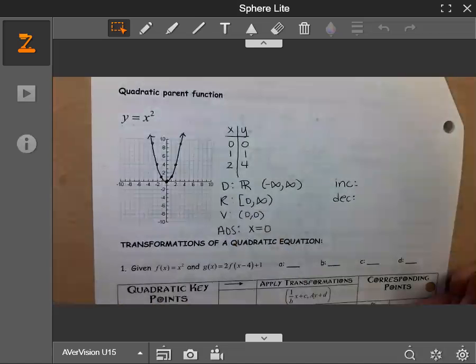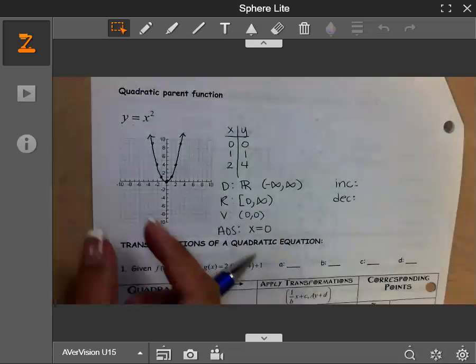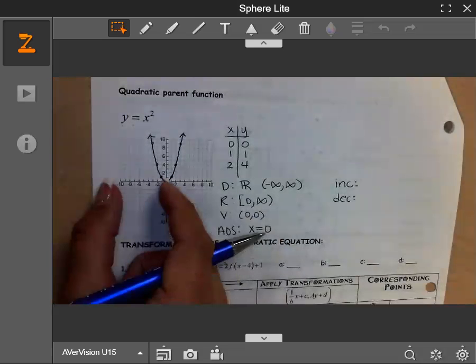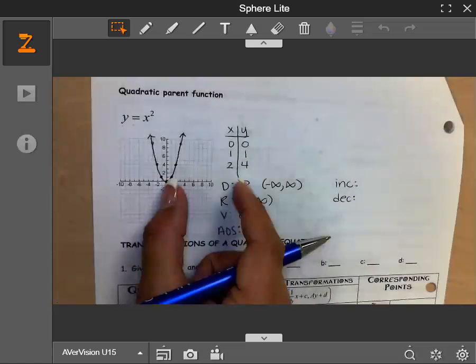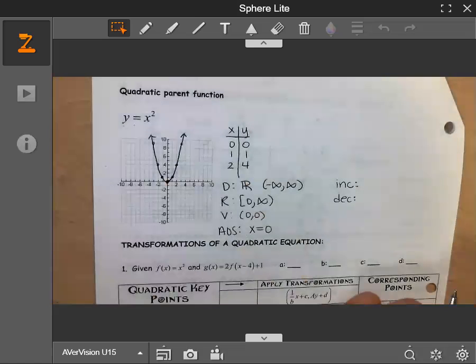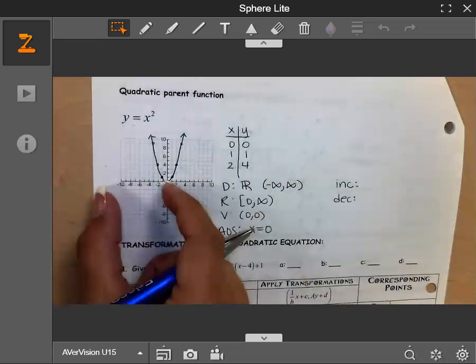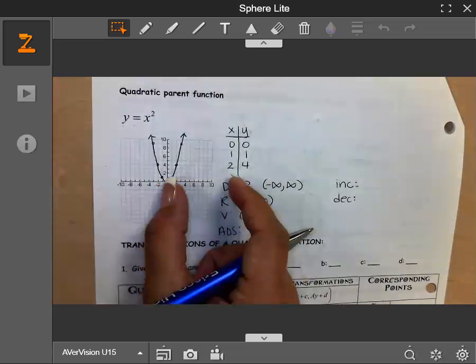So we're trying to show people where it is increasing and decreasing. We want to say this left-hand side is decreasing, this right-hand side is increasing. We don't want to give them the y values because they repeat, so that's not going to give them a good picture. It's the x values we want to tell them since those do not repeat. So left-hand side is decreasing, right-hand side is increasing.